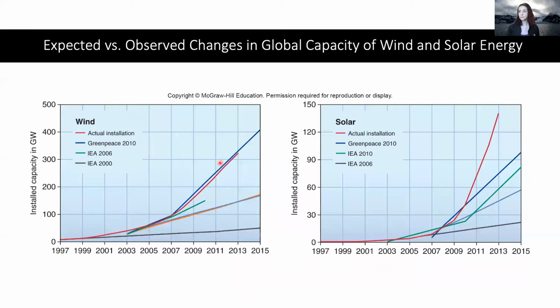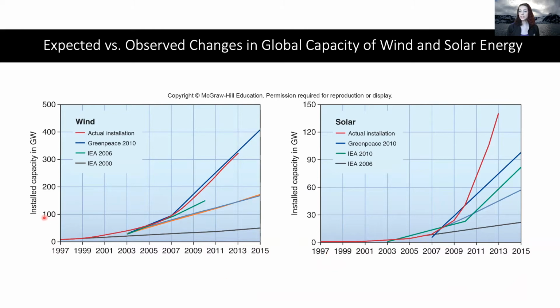But for now, let's take a look at two different sectors. We've got wind energy and solar energy. And here we have the expected versus observed changes in global capacity of wind and solar energy. Here we have years from 1997 through 2015 for both of our charts.